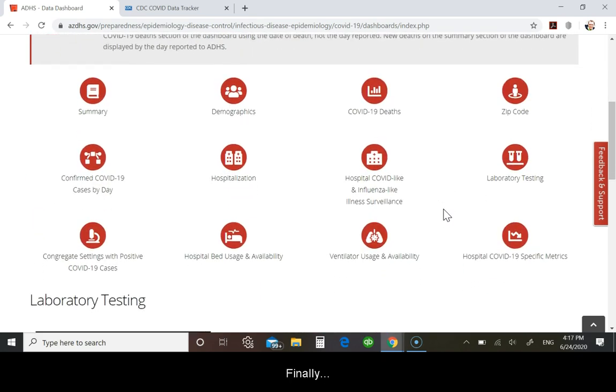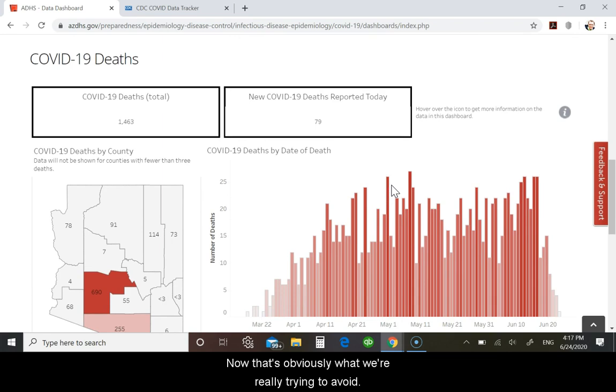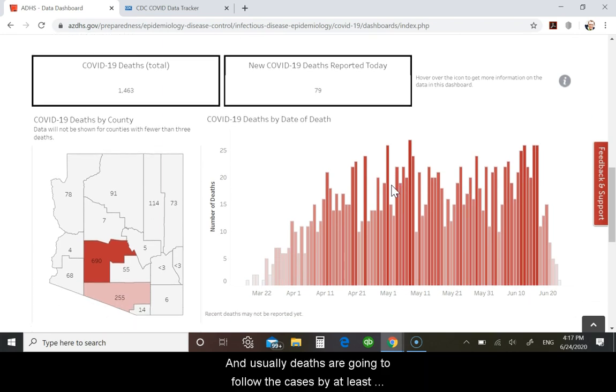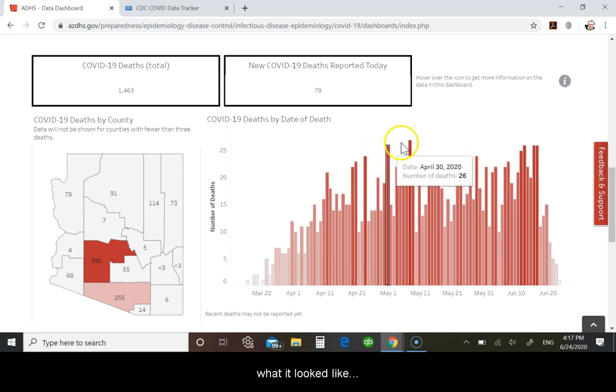And then finally, just a couple more things that I look at here: the deaths. Deaths obviously are what we're really trying to avoid. And usually deaths are going to follow the cases by at least a couple weeks, if not 3 or 4 weeks. So that's one of the issues: if it looks like things are going down, which a couple weeks ago is what it looked like.